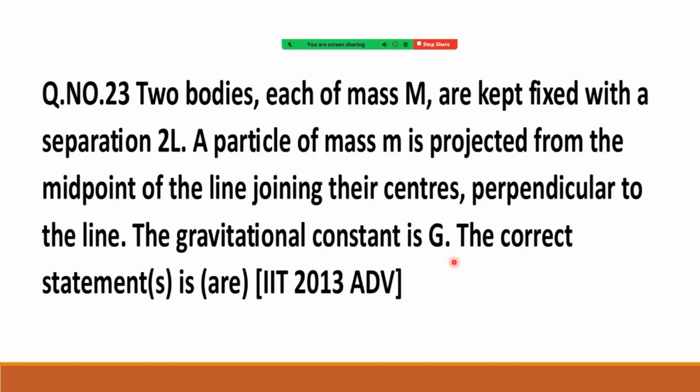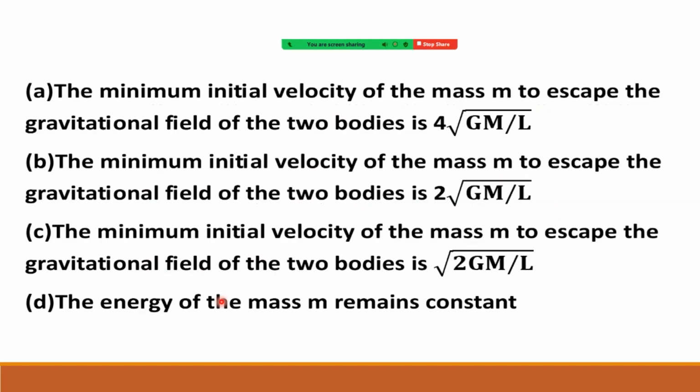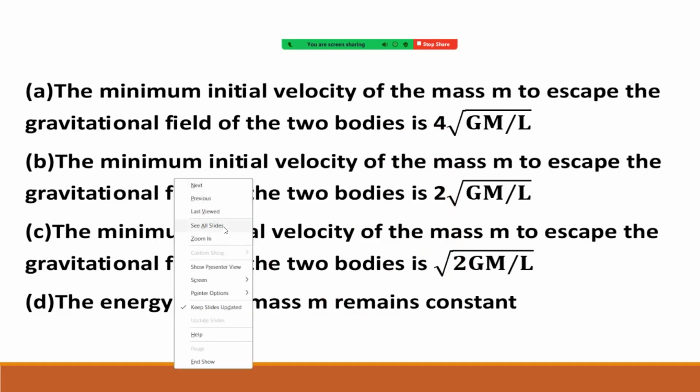The gravitational constant is G. The correct statements are: the minimum initial velocity of the mass m to escape from the gravitational field of the two bodies. Only the values are different in the options. And the last one: energy of mass m remains constant. See how to get it.